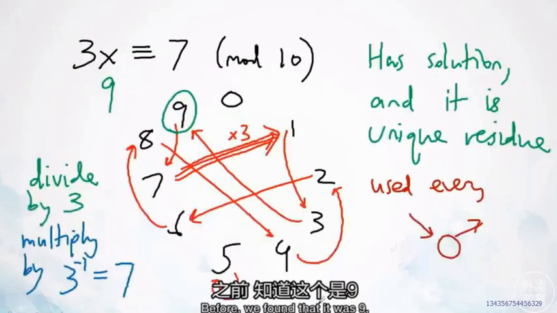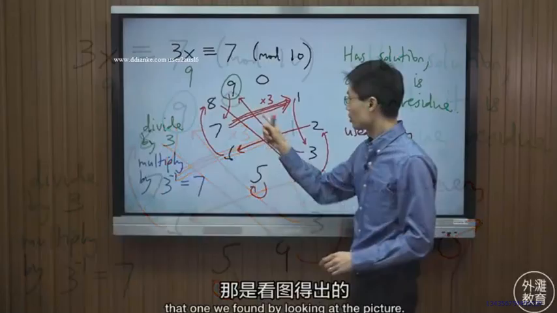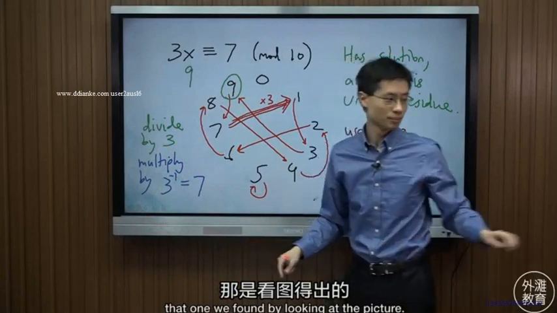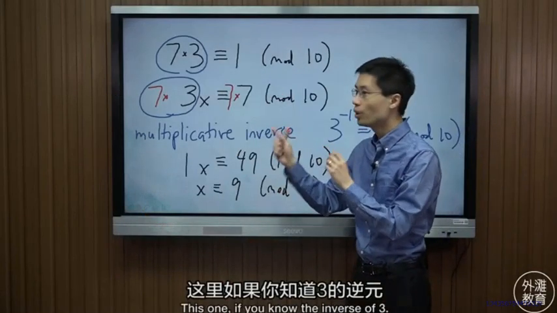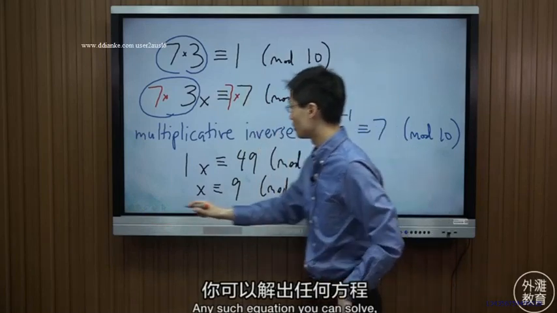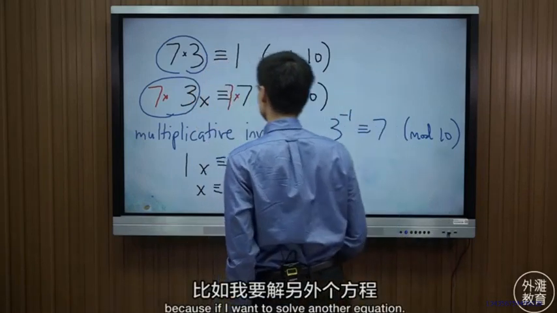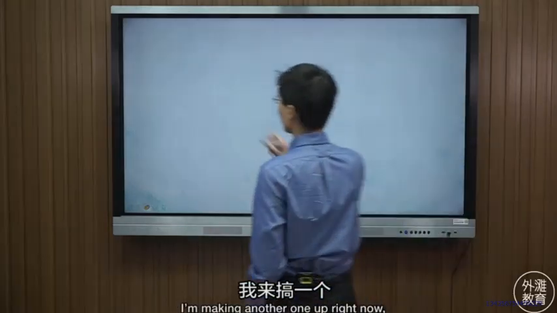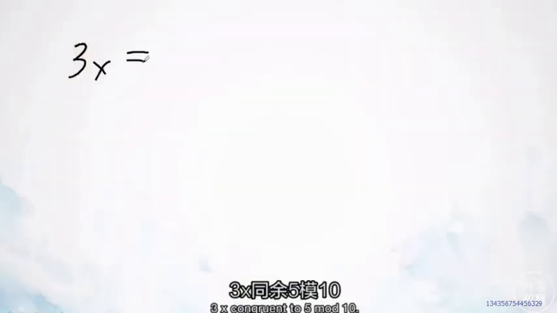Before, we found that it was 9. That one we found by looking at the picture. This one, if you know the inverse of 3, any such equation you can solve. If I want to solve another equation, I'm making another one up right now, 3x congruent to 5 mod 10.